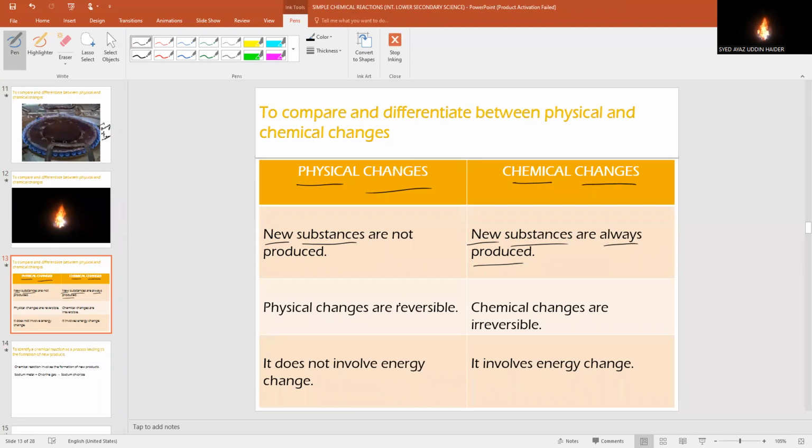The physical changes are reversible. Reversible processes are those processes that can be reversed, while chemical changes are irreversible. Physical changes usually do not involve any kind of energy change, but chemical changes do involve energy change, like energy can either be released or absorbed from the surroundings.